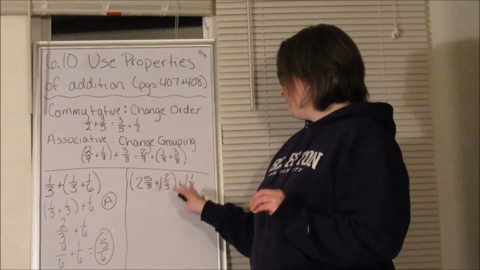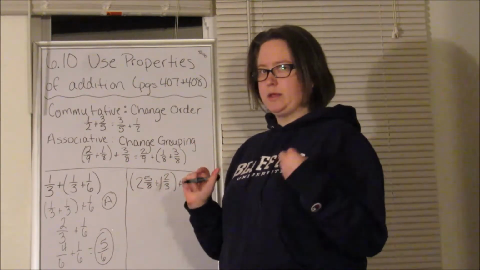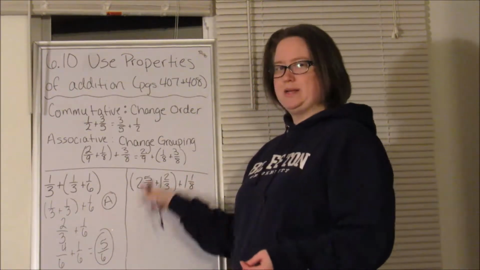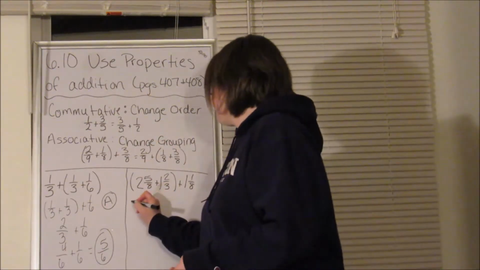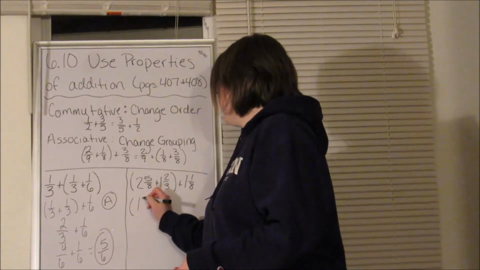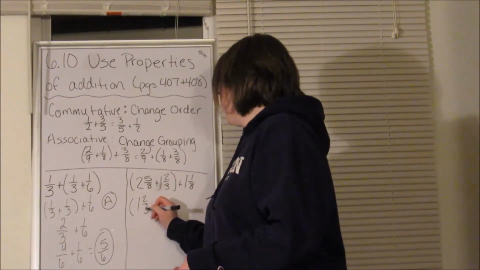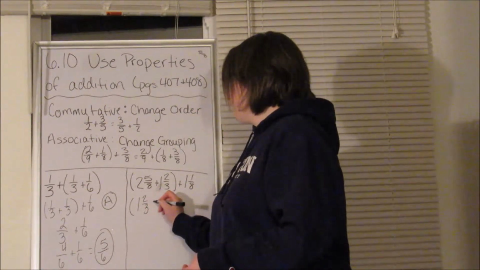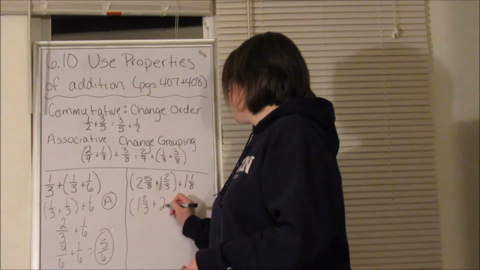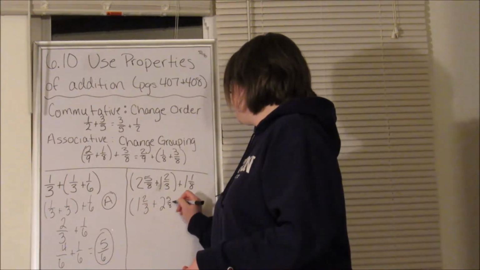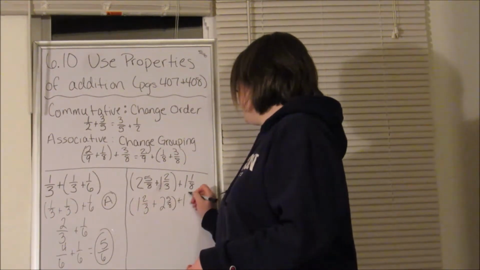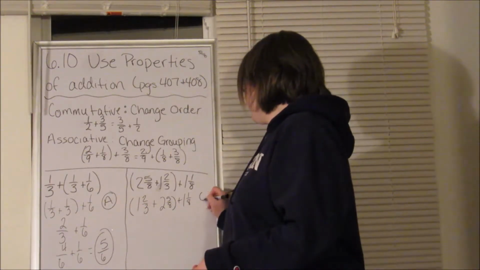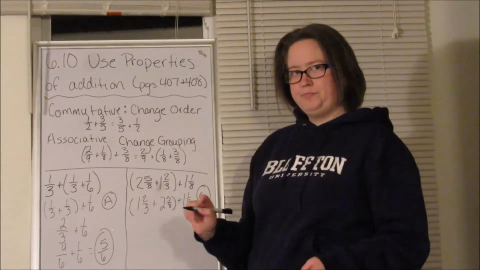So first, I'm going to use the commutative property, and I'm going to switch the order inside my grouping. So I'm going to have the quantity of 1 2/3 plus 2 5/8 plus 1 1/8. So that was my commutative property.